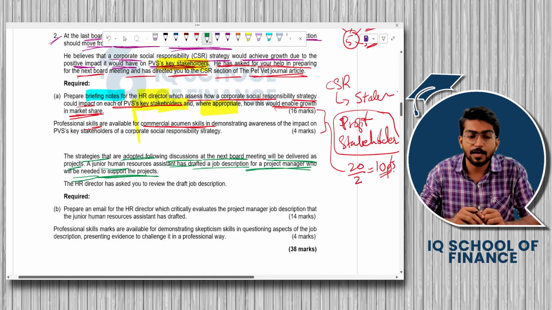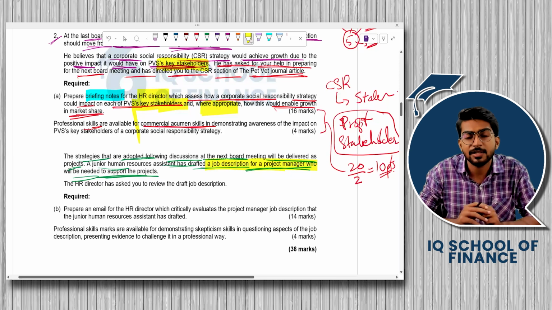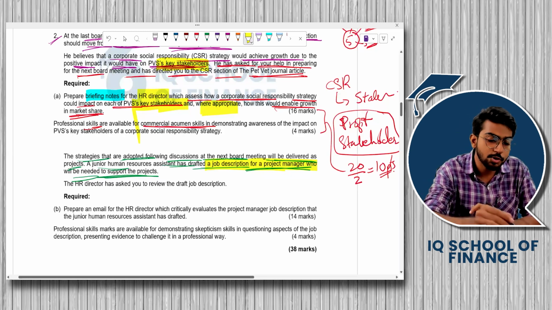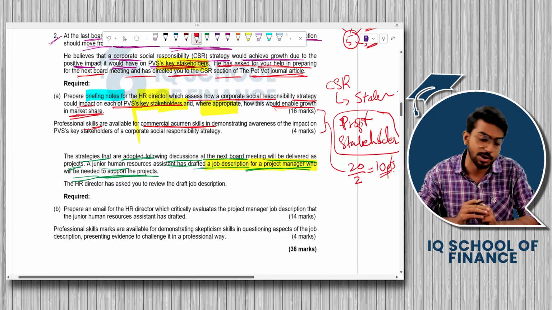Here only the project manager job description is tested. So you should have all the information related to the project manager job and responsibility in your mind, so that you can answer this question.